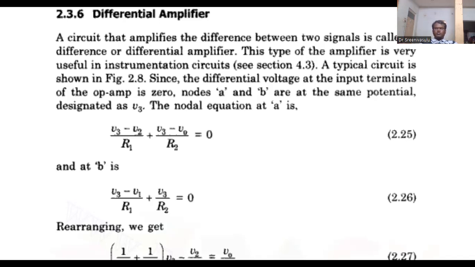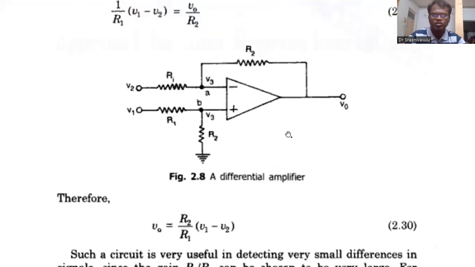So, V0 is proportional to VD. V0 is proportional to VD. That is the concept of differential amplifier. Now, if you see the circuit diagram, it is a simple differential amplifier circuit.